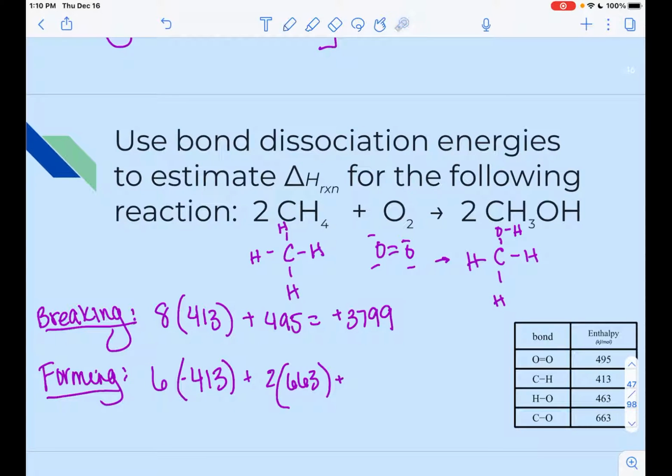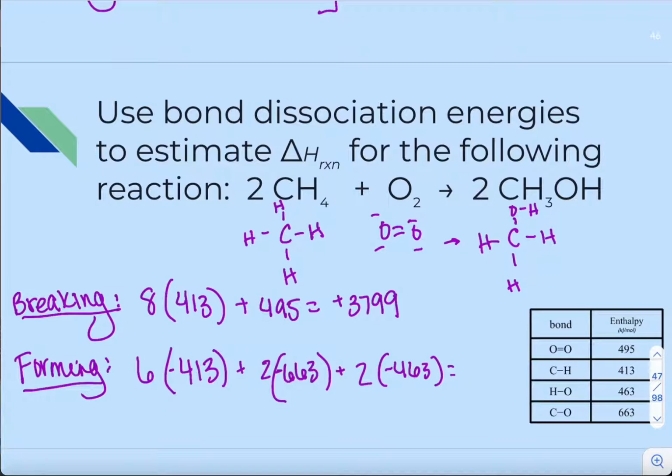And then we also have this OH bond. OH is 463, and we're going to multiply that by 2 for the coefficient. Sorry, this should be negative.